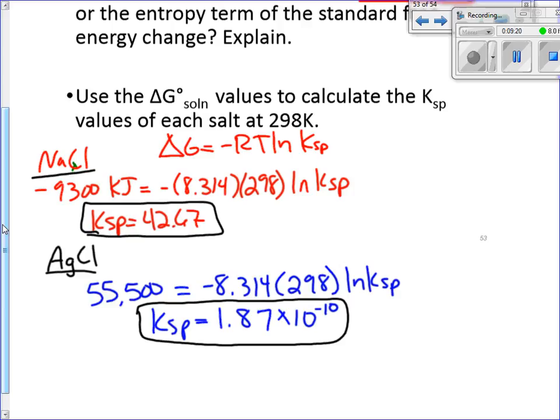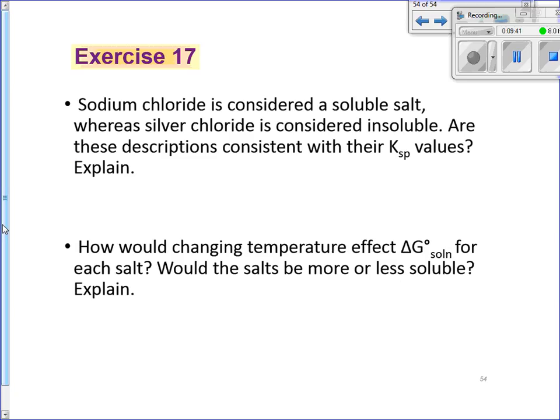So that helps you answer the next question. Sodium chloride is considered to be a soluble salt, whereas silver chloride is considered to be insoluble. Are these descriptions consistent? Yes, because the sodium chloride KSP is a large value, which is consistent with being soluble. And if you have a very small value for your KSP, that means as you get smaller with your value, your insoluble becomes highly insoluble.